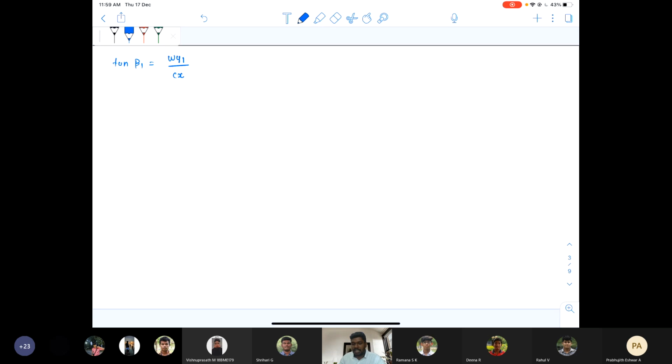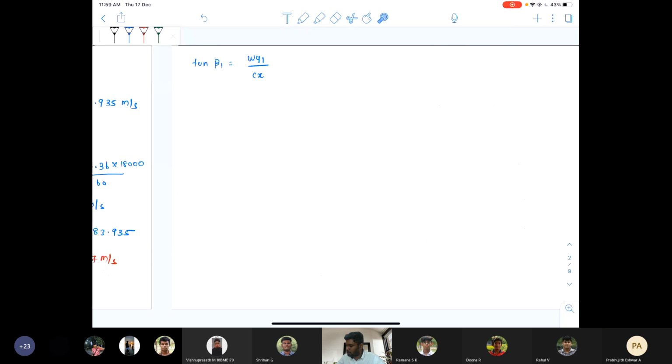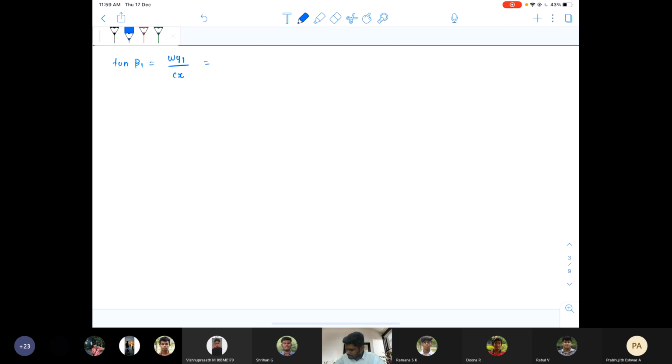We have arrived at this equation from the stage velocity triangle, and we know the value of w1, which is 255.357 meter per second, and we know the value of cx. By substituting both these values, we get 255.357 divided by the value of cx, which is 180.